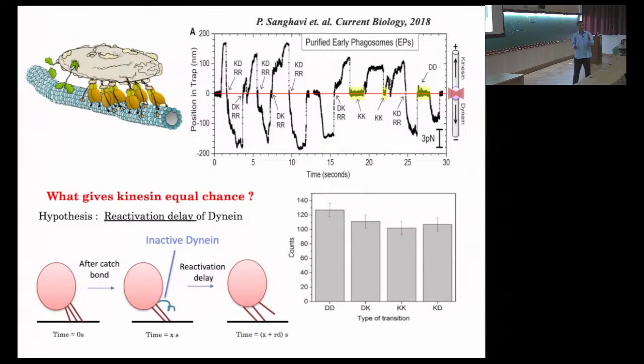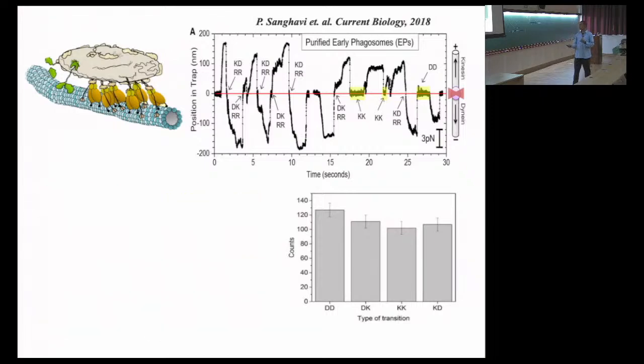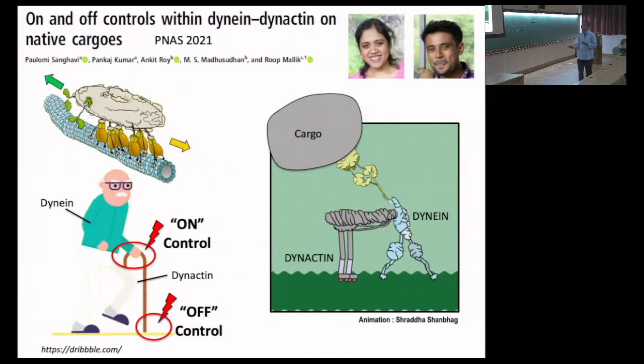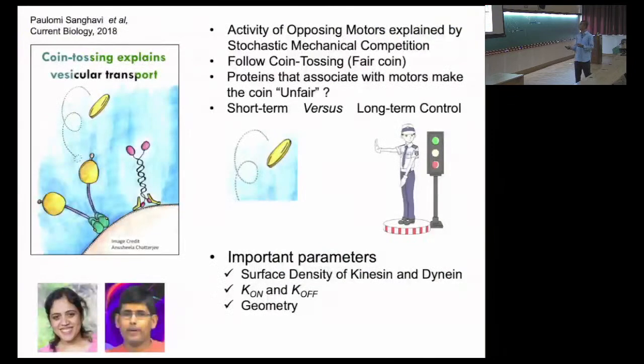You have D or K. I'm not going to go into the details of this right now, but that is what our analysis told us. Whether it happens or not is a different question, but this choice between dynein and kinesin can be simply decided by the tossing of a coin. So you don't need any complicated regulatory mechanisms.